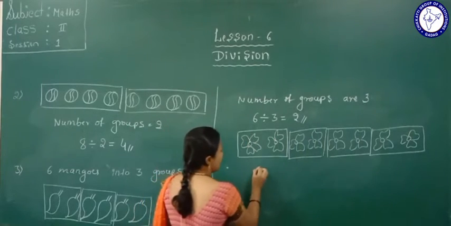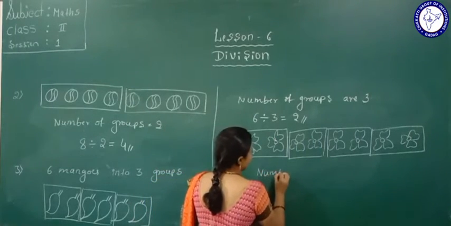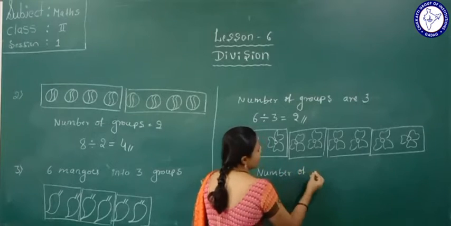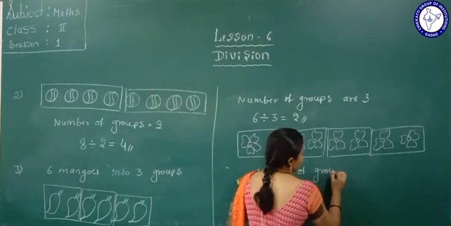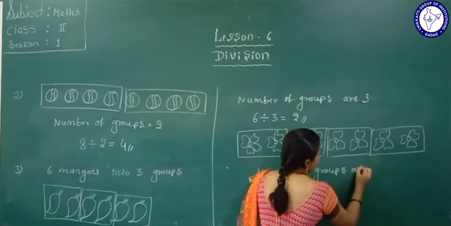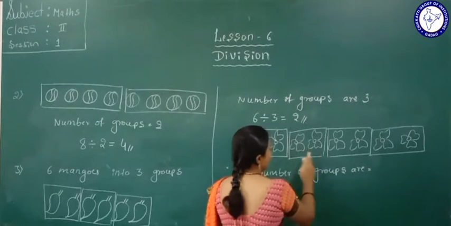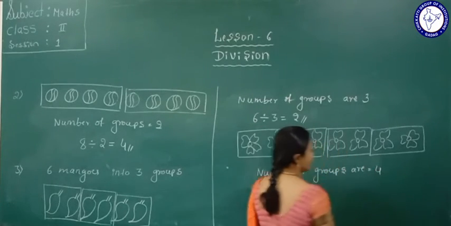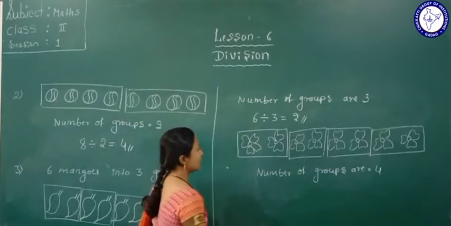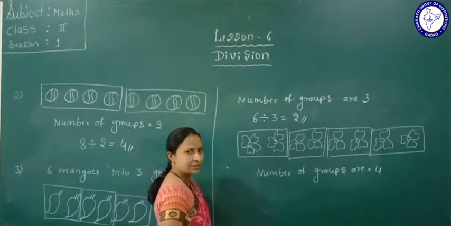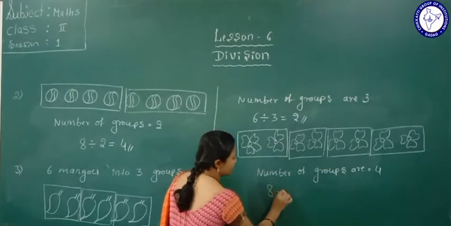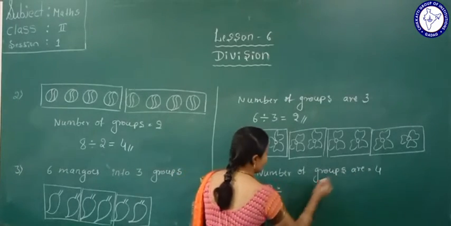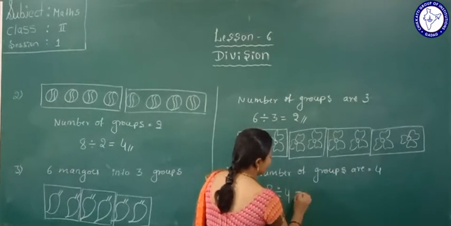I'll write here the number of groups is equal to 4. Totally 8 flowers we took. How many groups did we make? We made 4 groups.